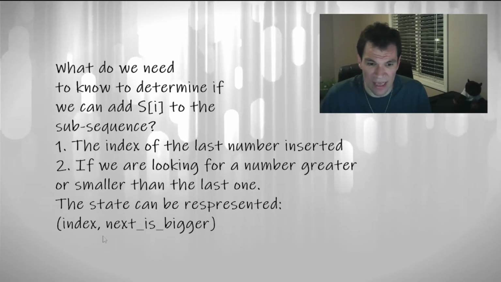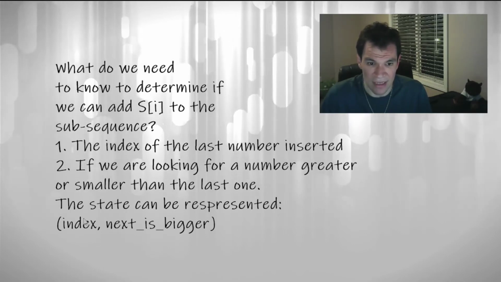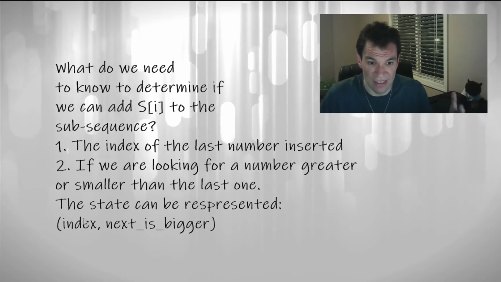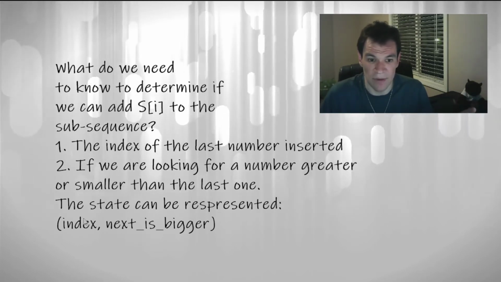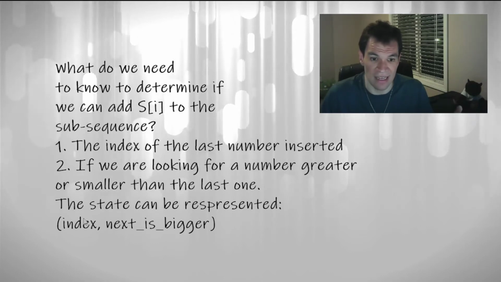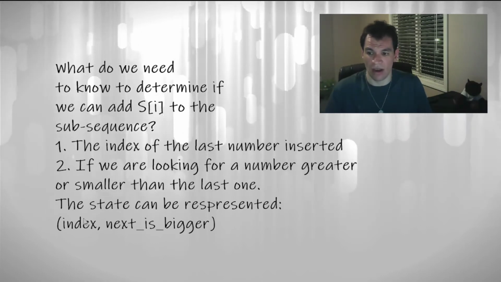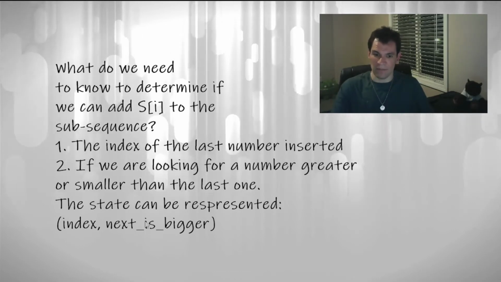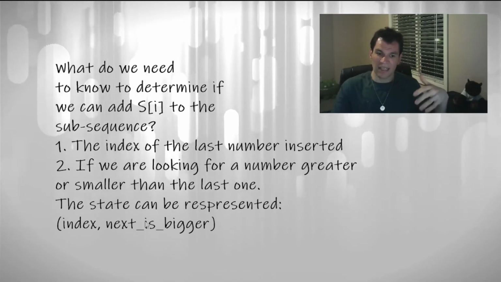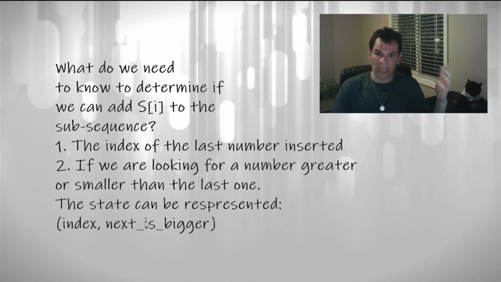And this information can be used for representing a state. So the states can be represented as an ordered pair of index, and if the next number should be bigger or not.